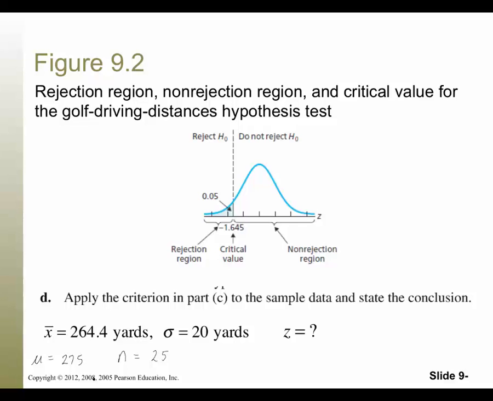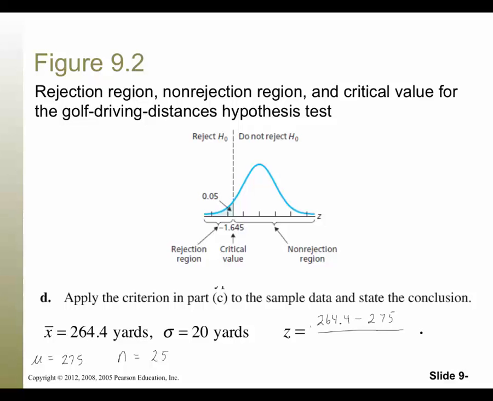Jason, do you remember how to get that z-score? Almost. So you got the right idea. It's a fraction. So what's going to be in the numerator? 264.4 minus the 275. So we're saying how far below the 275 are we in yards first?